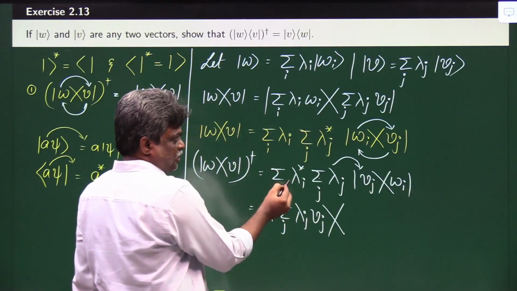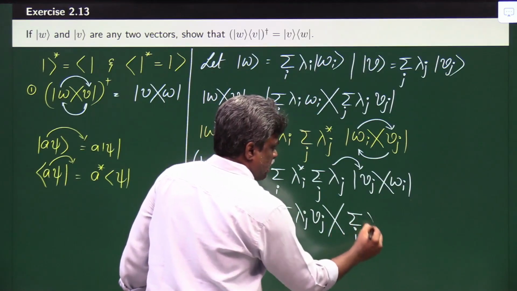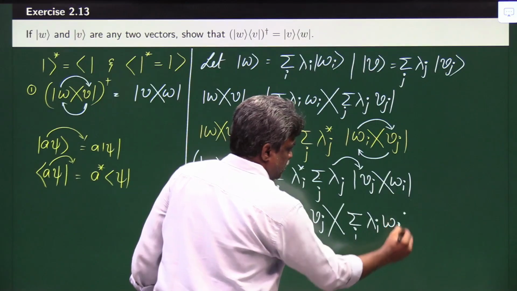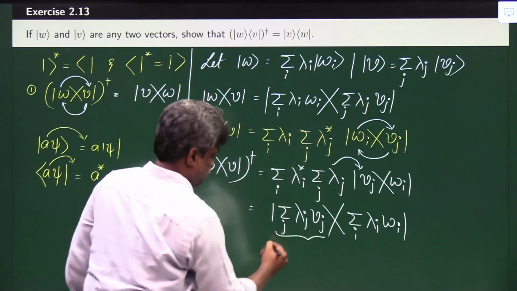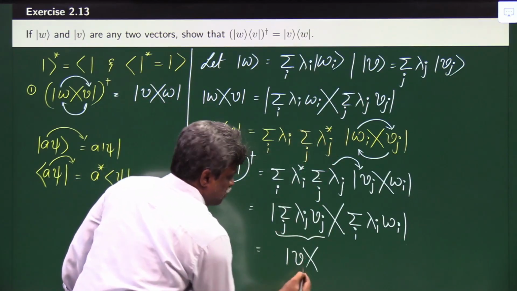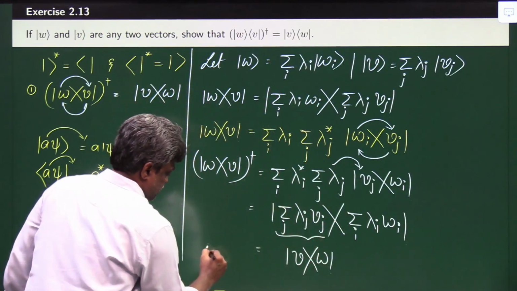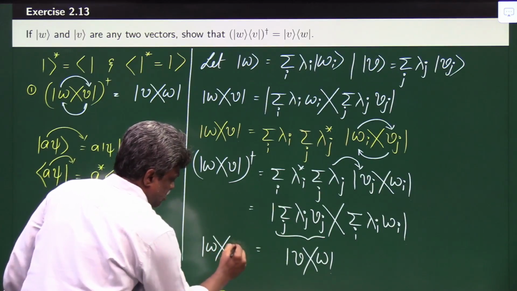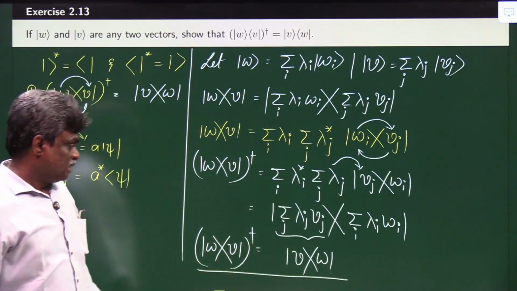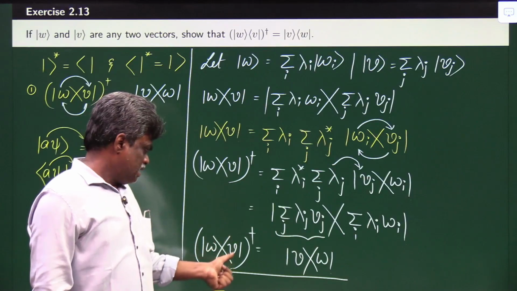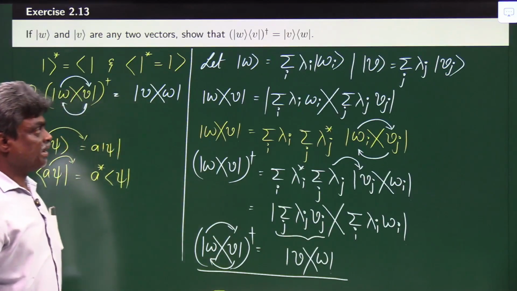And here we have a complex conjugate, which means we can write this inside the bra vector: summation over I lambda I Wi. Now if you see, this is nothing but our V state, and this is nothing but our W. So this complex conjugate is nothing but this one. Just so simple. The ket will become bra and bra will become ket. Like this.